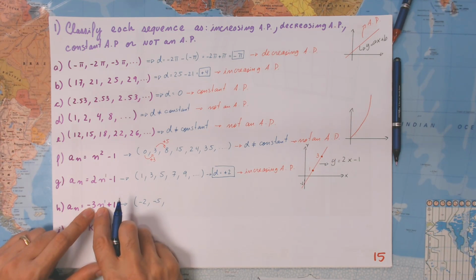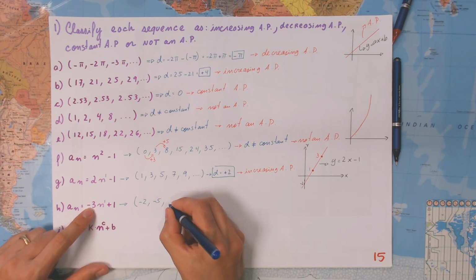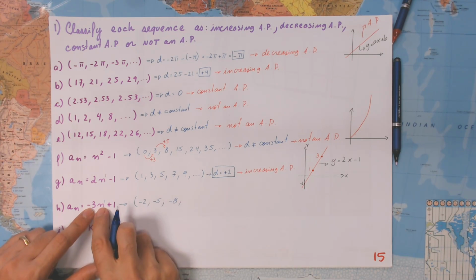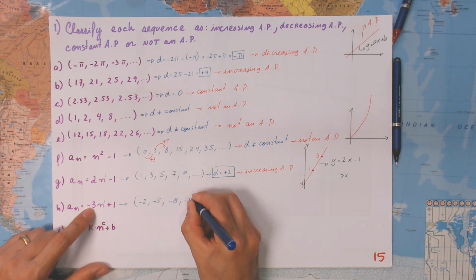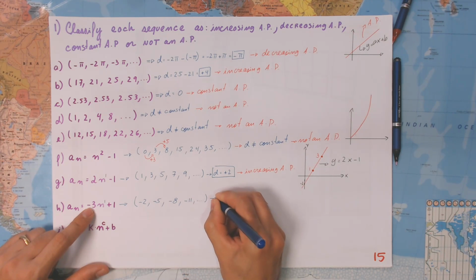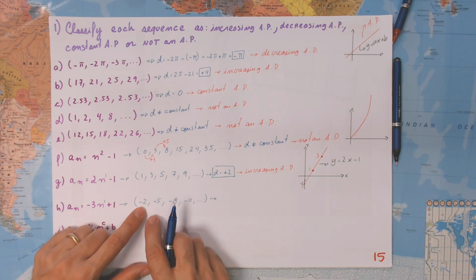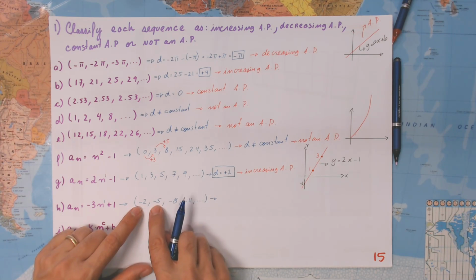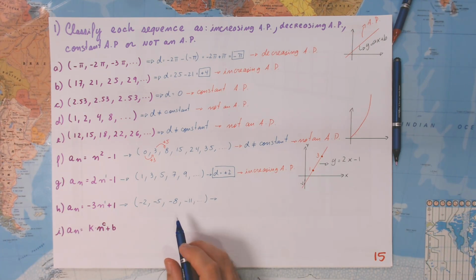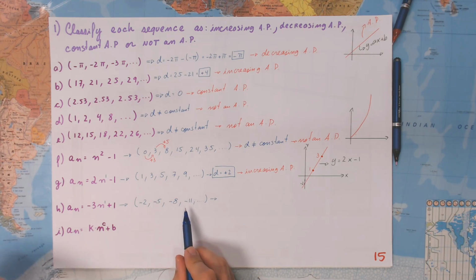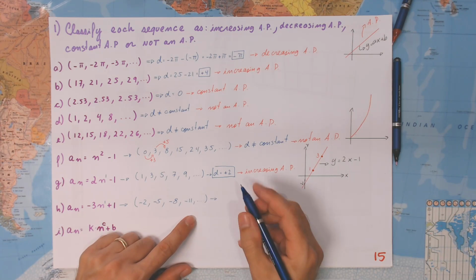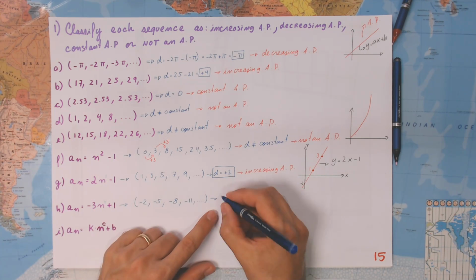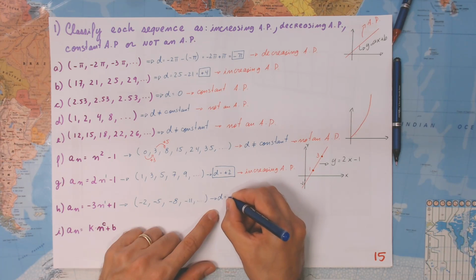N equals 3, minus 9 plus 1, minus 8. N equals 4, minus 12 plus 1, minus 11, and so on. We can see that we are just adding how much? Negative 3, right? Because we are going deeper and deeper into the negative side at a pace of modulus 3. So d is going to be minus 3.